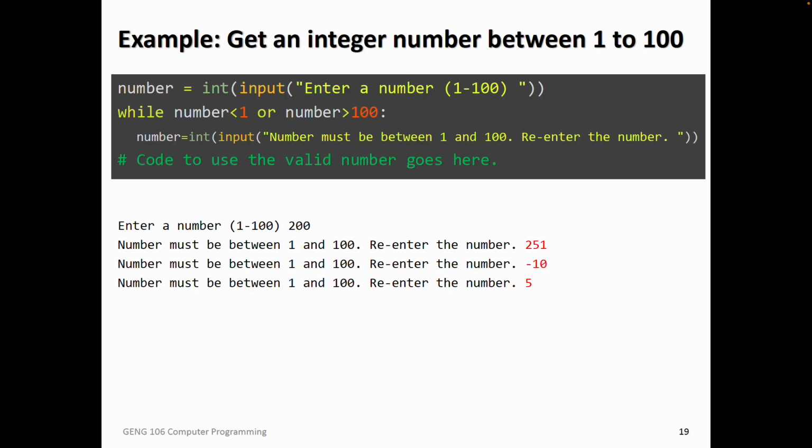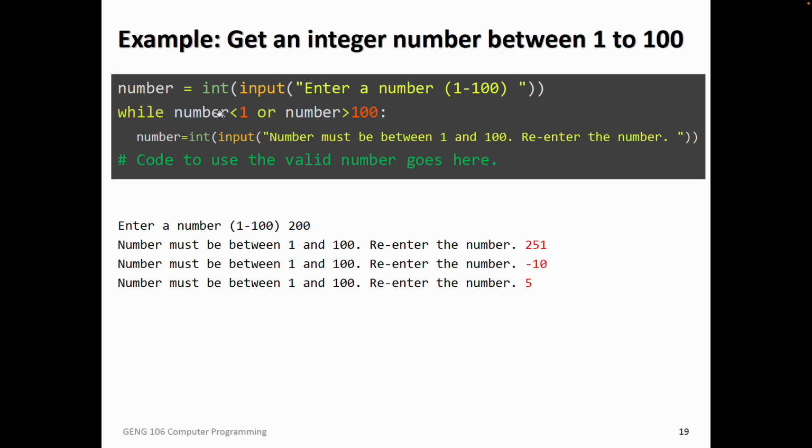Here is an example. Again, we are using this input function to get data from the user. We say enter a number between 1 and 100, and then we convert it to integer value, and keep it in this number variable. And then I check my condition. Is it a valid number?